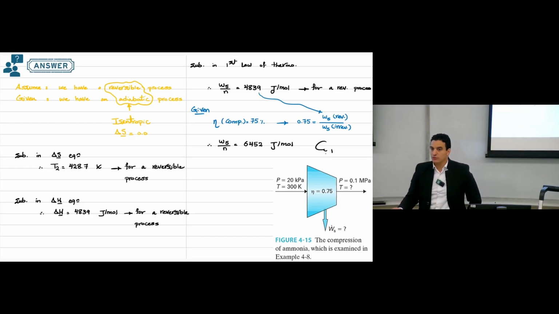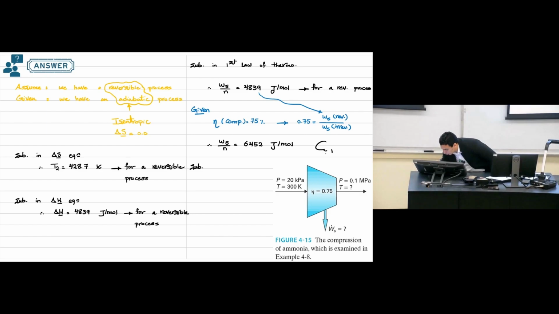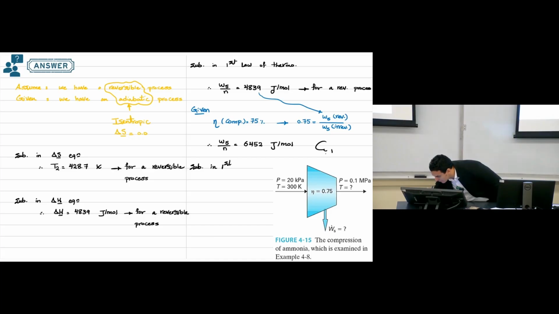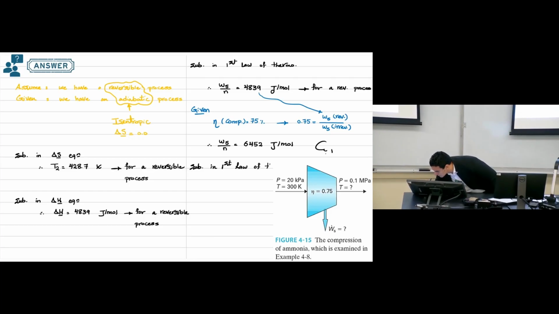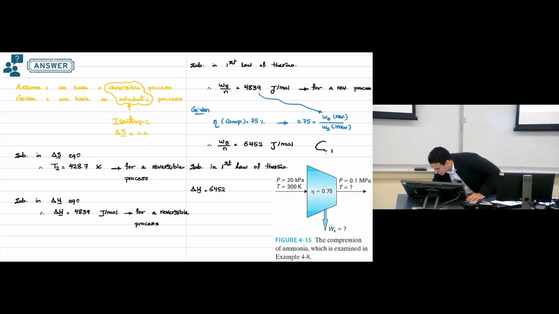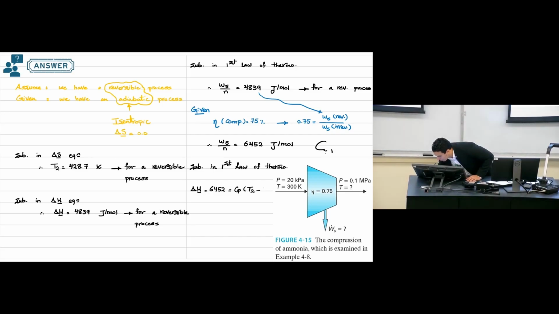So now we have the shaft work. If we substitute with this new value in the first law of thermodynamics, we will have delta H. This one also will be 6,452 joule per mole, and delta H is Cp (T2 minus T1).